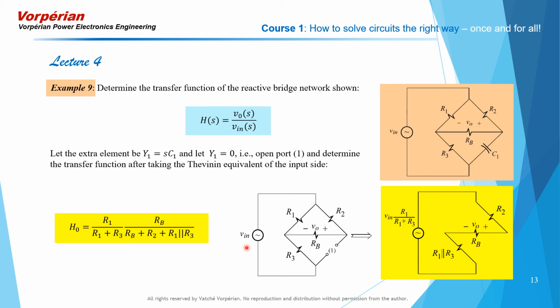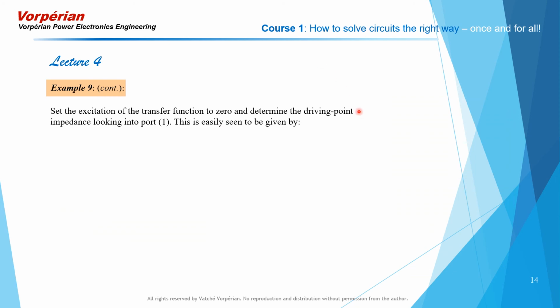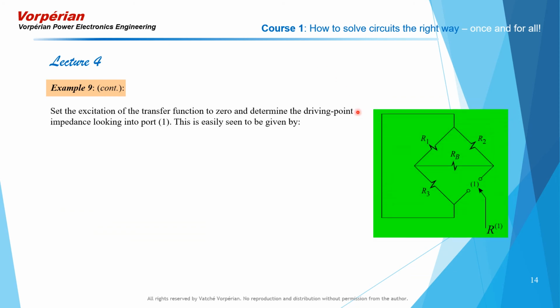And now we have two additional calculations to perform. The first one is the ordinary resistance looking back into port 1 with the excitation of the transfer function set equal to 0. And this we can write by inspection, because you notice that this point here is the same as that point there.